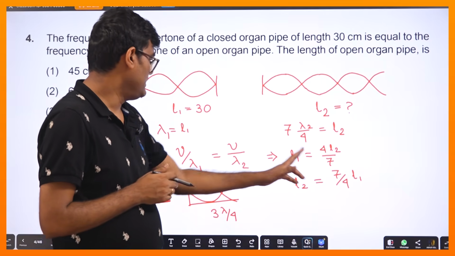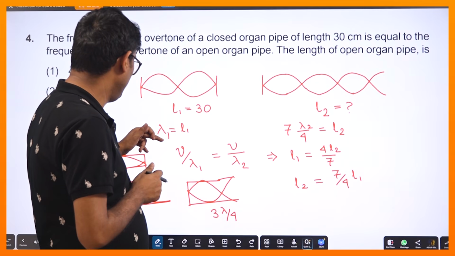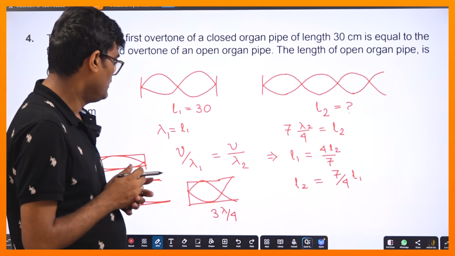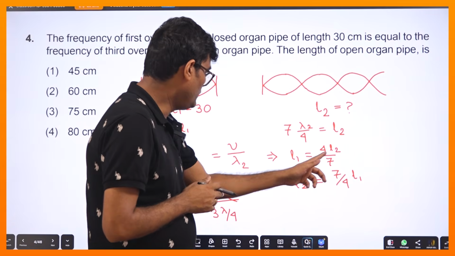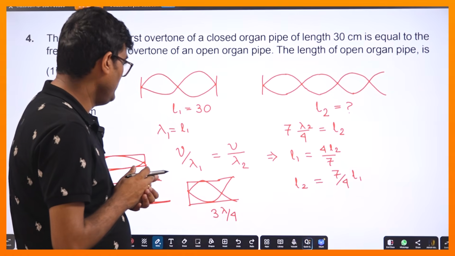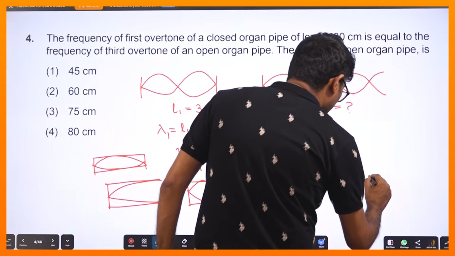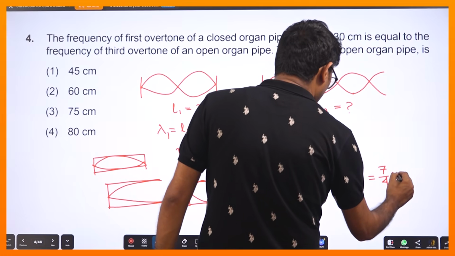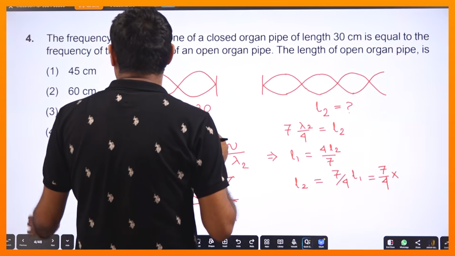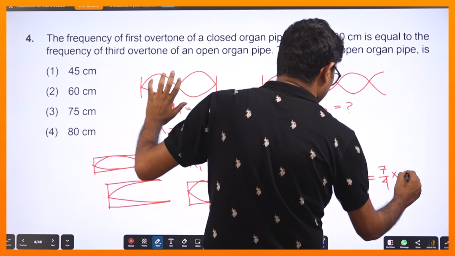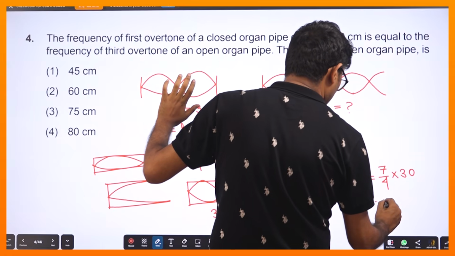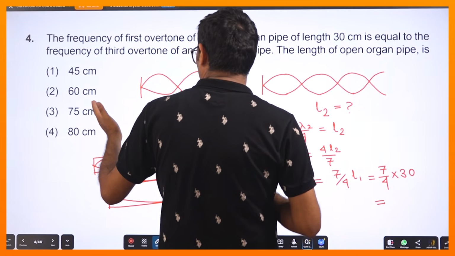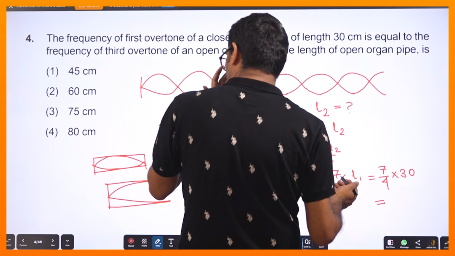Lambda is 4L2 by 7 and this wavelength is L1. So L2 is equal to 7L1 by 4. I think this is my correct answer. You should check if there is any calculation mistake and the length is 30. It's near about 50 to 60 centimeter, I think.